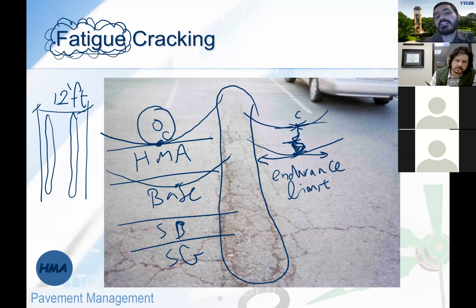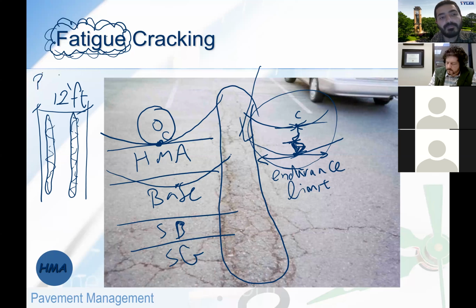So the fatigue cracks, this picture right here, happen mainly, or at least start, in the wheel path, because this is a plan view versus a cross section. And then if it's left, it's going to continue to grow across the whole structure.